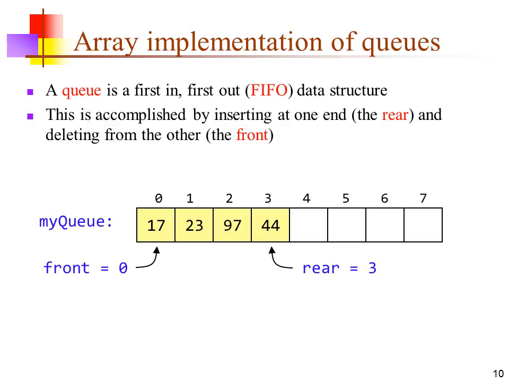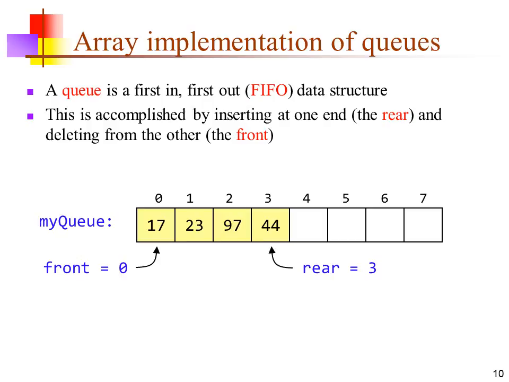again in the same manner, if we keep performing insertion operations, for example second element 23, third element 97, next fourth element 44, finally the rear will point to that fourth element, which is at index number 3. Means after every insertion the rear indicator variable will increment.